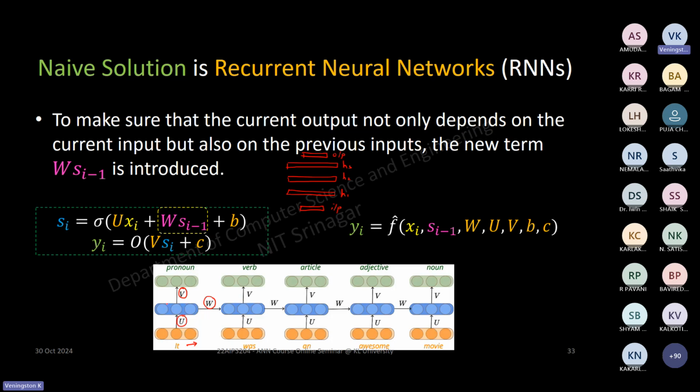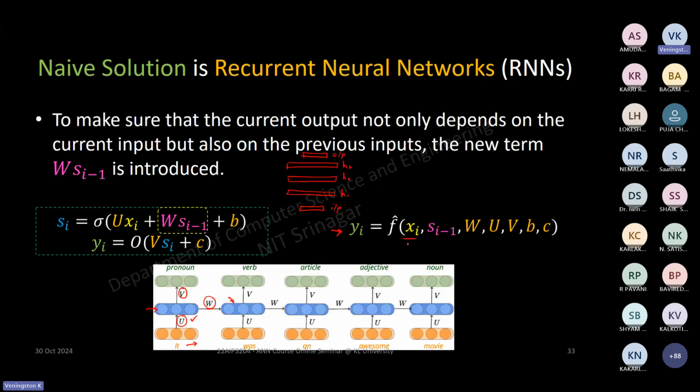For example, the output of this blue hidden unit depends on U alone, and the output at the current time step depends on V alone. The output of the hidden unit in the next time step depends on U as well as W. So this is how we formulate the function, which is going to be like this.